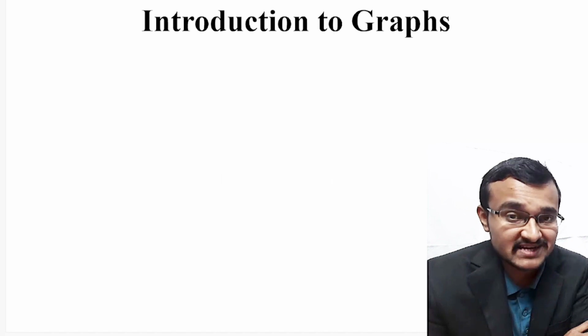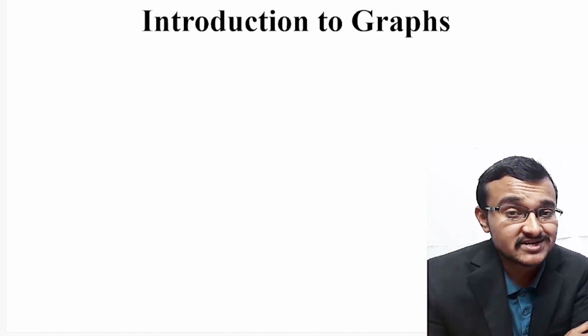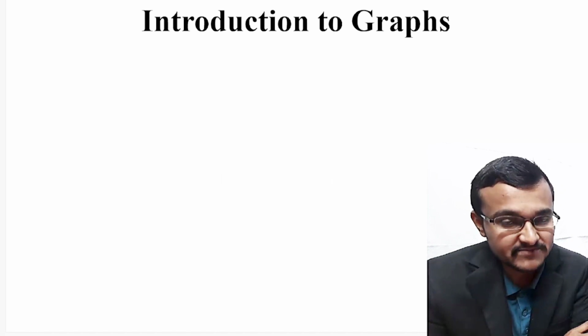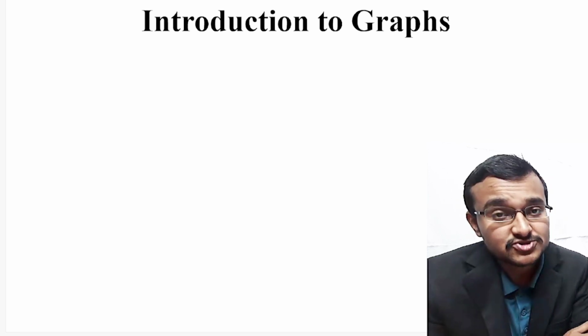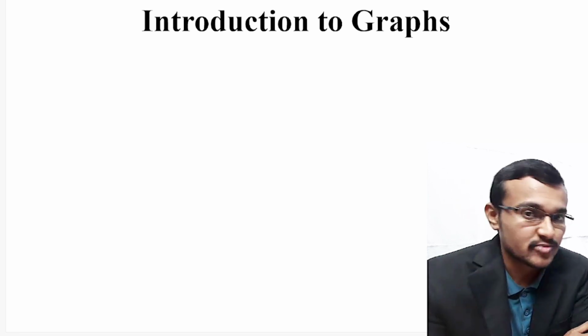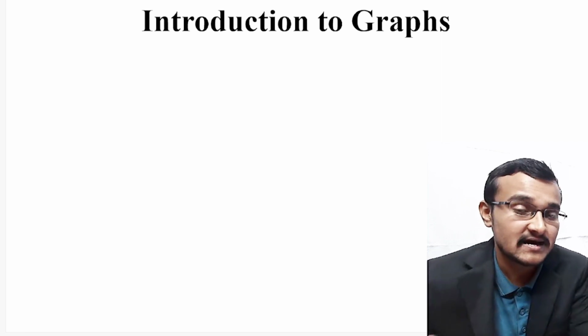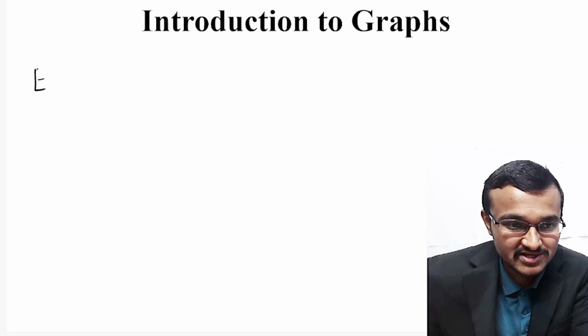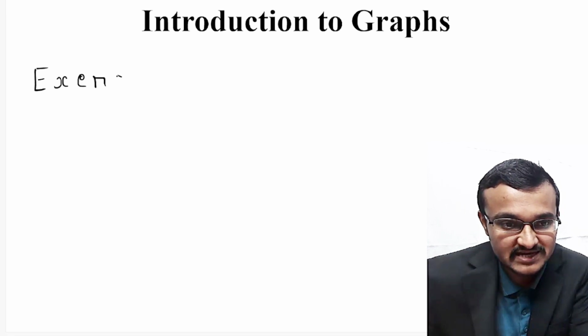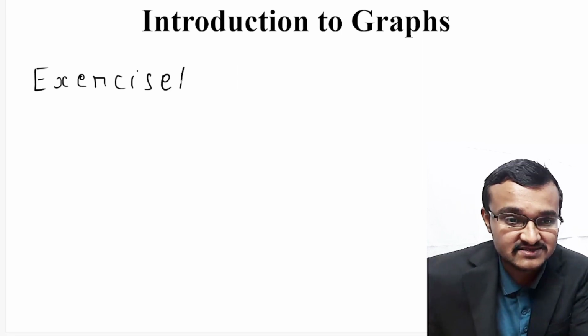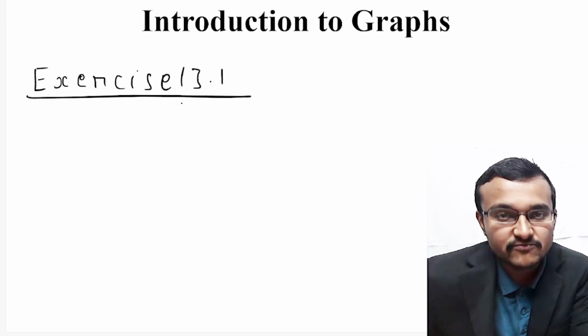So after explaining about graphs, now we can go through certain examples which are given in your chapter in this particular textbook. I'll be solving the exercise problems related to this concept so that you can understand these graphs better. So moving on to the next exercise in this chapter, that is exercise 13.1.